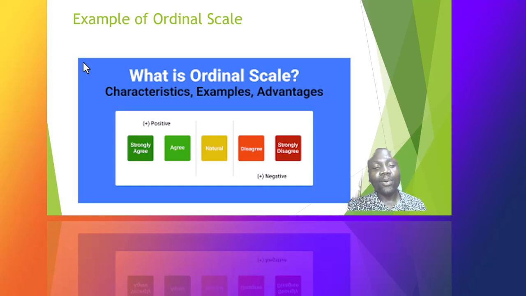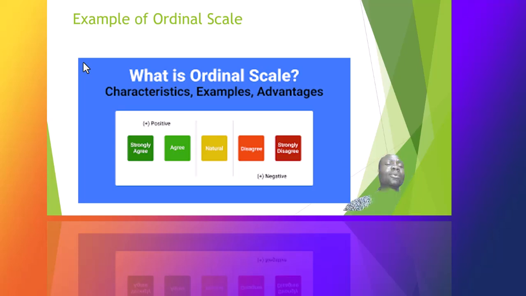Another example of ordinal scale, which is very common, is the Likert scale questionnaire that we always administer in the humanities. One of the things that we do with the questionnaire is that we have information on strongly agree, agree, disagree.